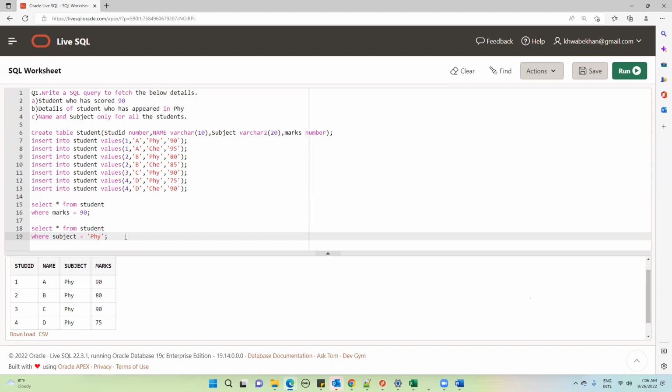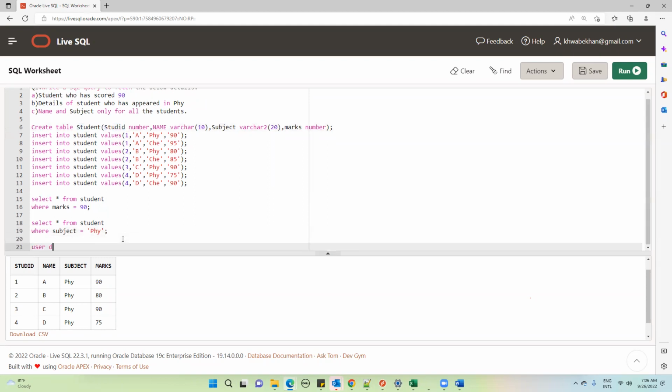Okay. See, I have even replied to you on that message. The thing is, your table name and your column names are all user defined. I think I mentioned this in the previous class. User defined means you can keep the table name whatever you want.